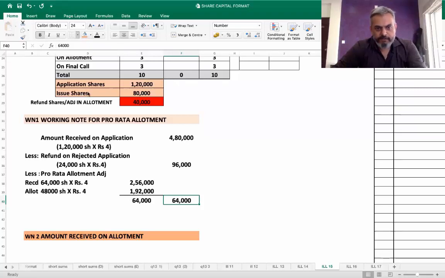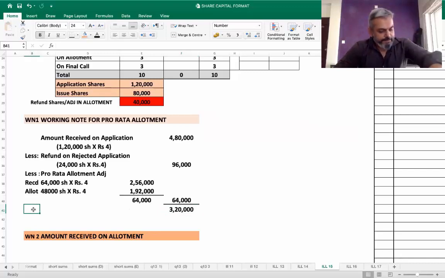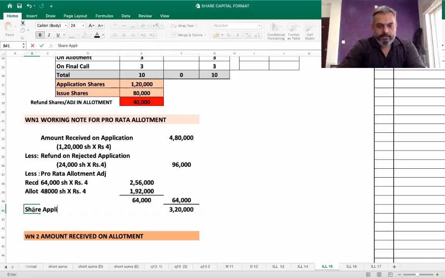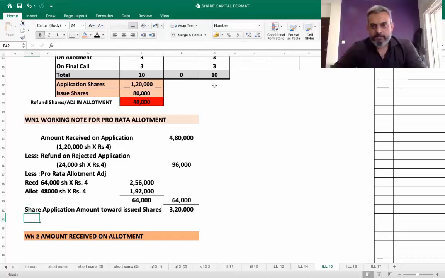Okay. So now what amount is towards the share application? Let's find out. So which is 4,80,000 minus 96,000 हमने पूरा रिजेक्ट कर दिया, माइनस एडवांस मिला हमें 64,000 का टुवर्ड्स अलॉटमेंट, यानी हमारे पास रह गया शेयर एप्लीकेशन अमाउंट टुवर्ड्स इश्यूड शेयर.